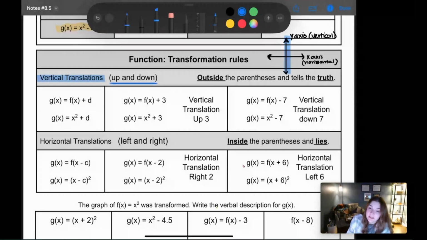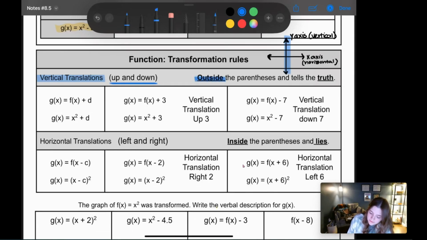When you see a function that is a vertical translation, it will be outside of the parentheses, and it tells the truth. When I say truth, what I mean is when you see a positive or a negative, you can normally think, well, positive's up and right. Negative is down and left. It tells the truth. When it says plus 3, it means up 3. When it says minus 7, it means down 7. It tells you the truth.